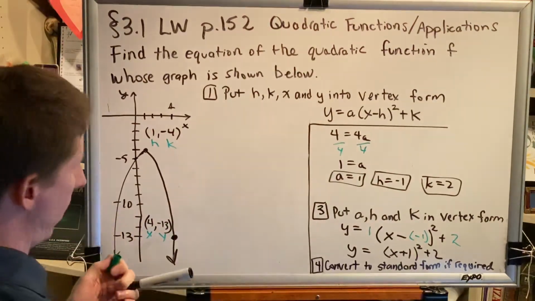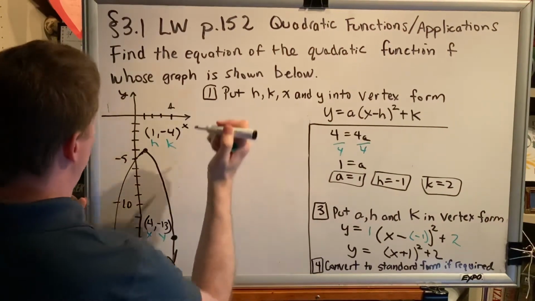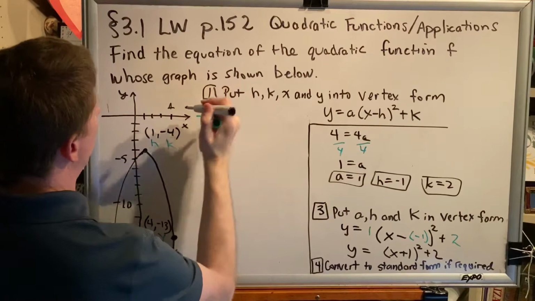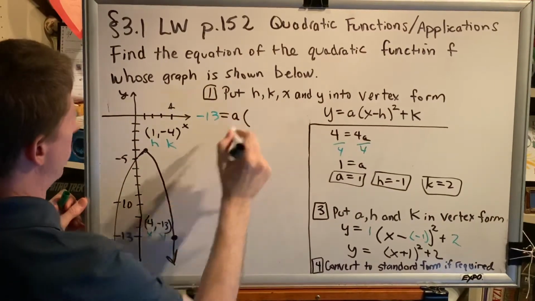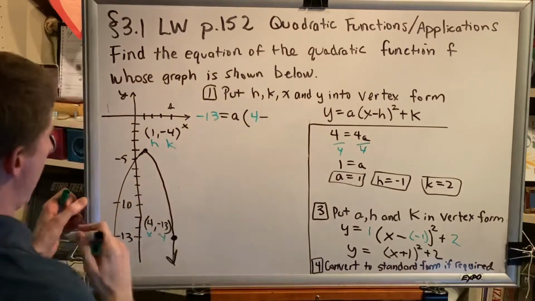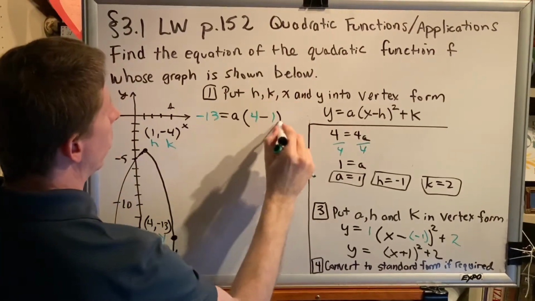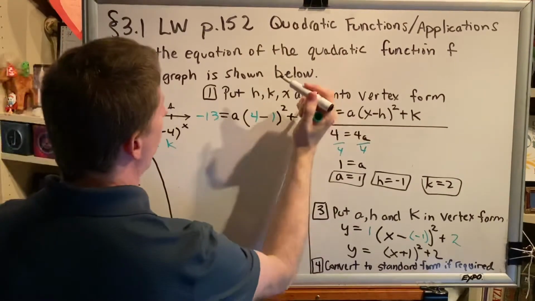So now let's go ahead and put those in our equation. So we get -13 equals a, which we don't know yet, parenthesis, x, which is 4, minus h, which is 1, close parenthesis squared, plus k, which is -4.